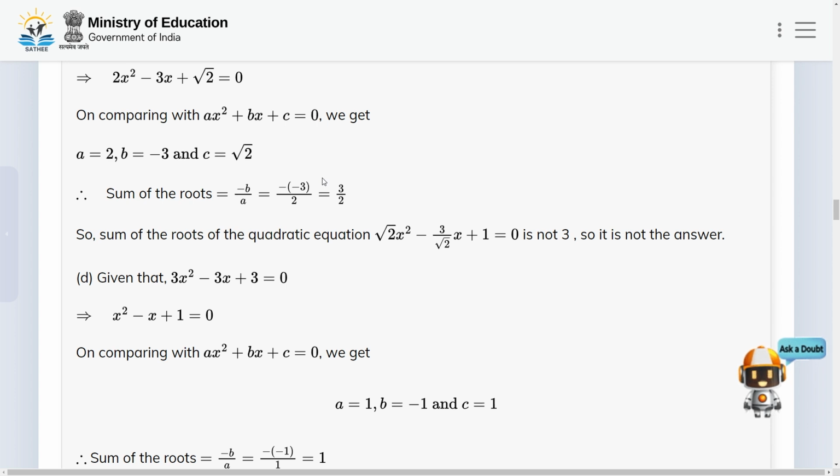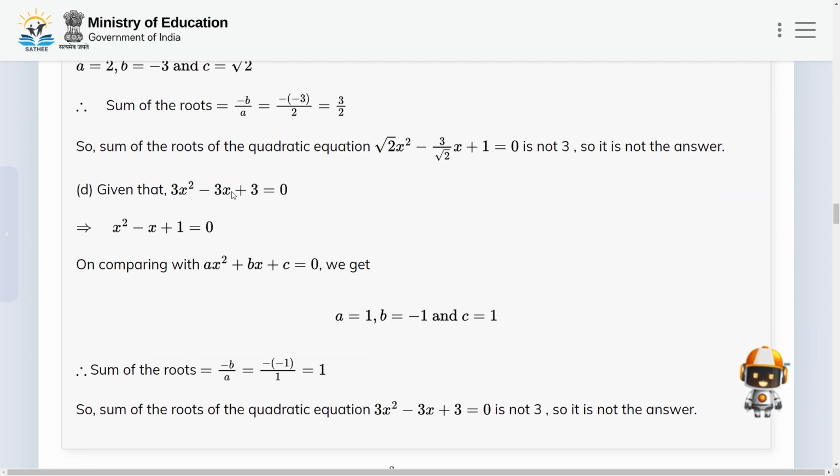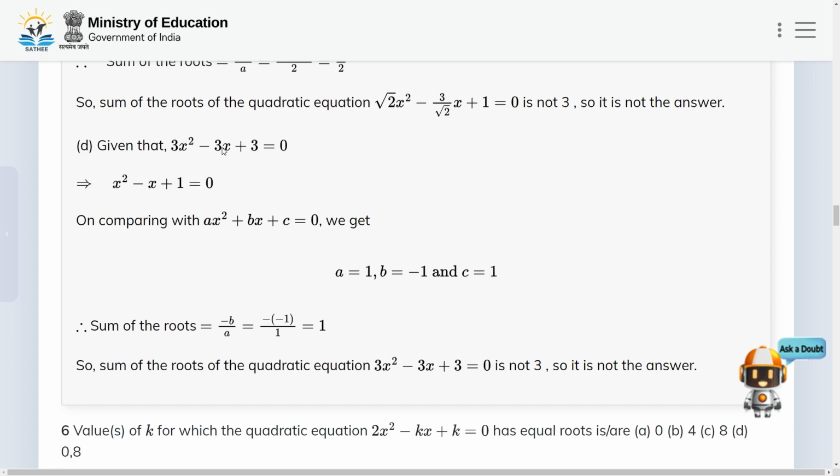And now let us move to option number D. In option number D, we have given 3x² − 3x + 3 = 0. So it implies x² − x + 1 = 0. Comparing with the general form of quadratic equation ax² + bx + c = 0, we get a is 1, b is −1, and c is 1.